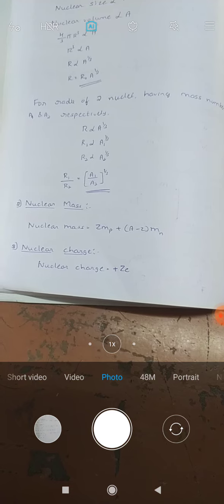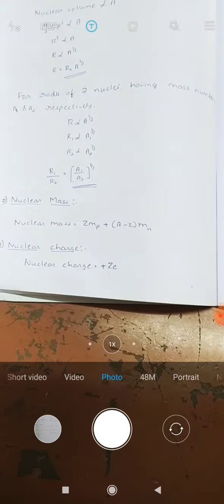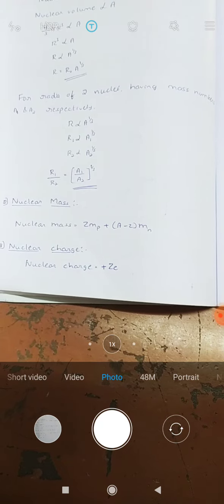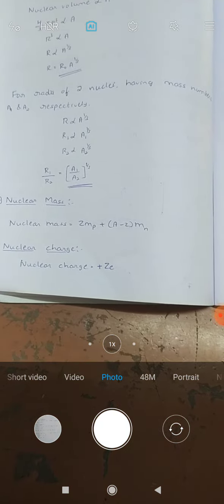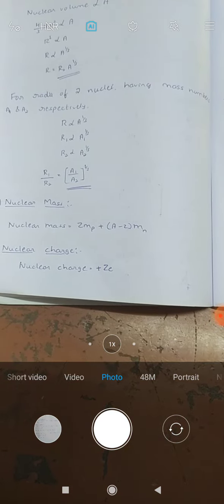So we have to consider only a positive charge, that means the charge of the proton. So nuclear charge means the charge of the nucleus is due to the charge of the protons present inside the nucleus.